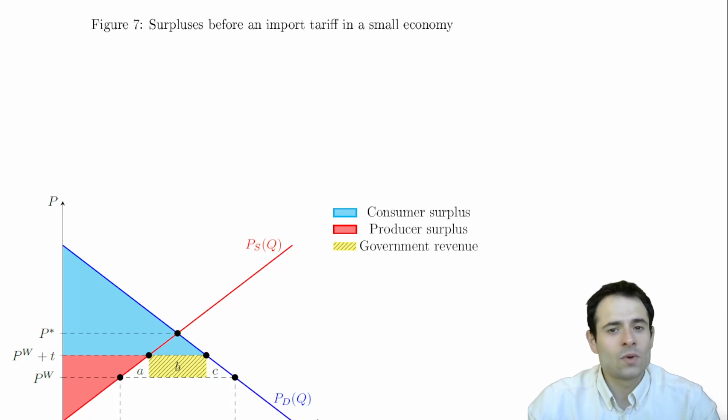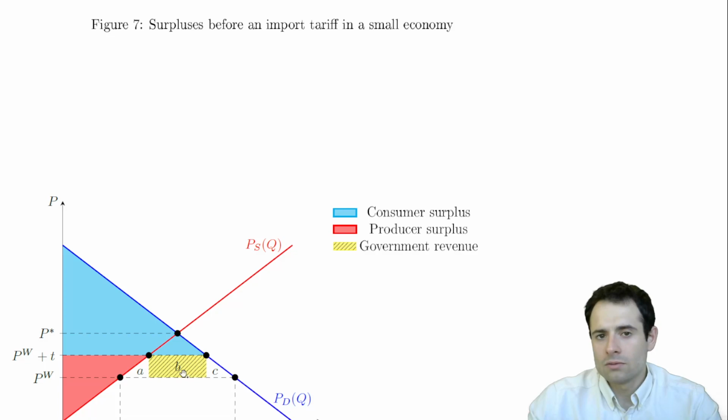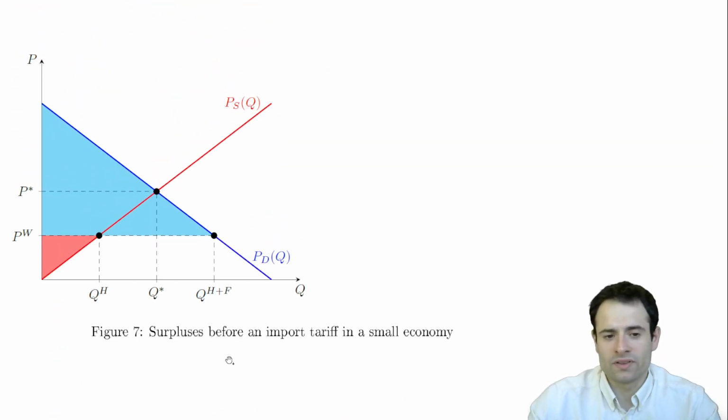Sounds a lot like what we saw in tax incidence. The government will make some revenue, but overall, there's going to be more surplus lost than under the no import tariff case.